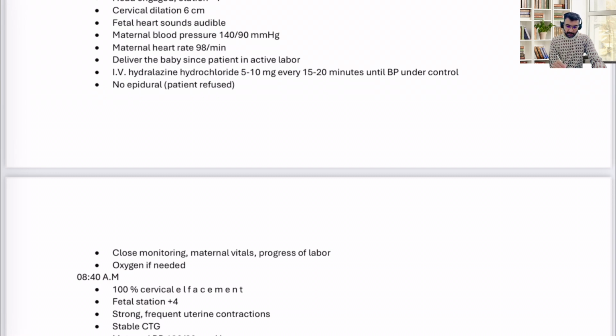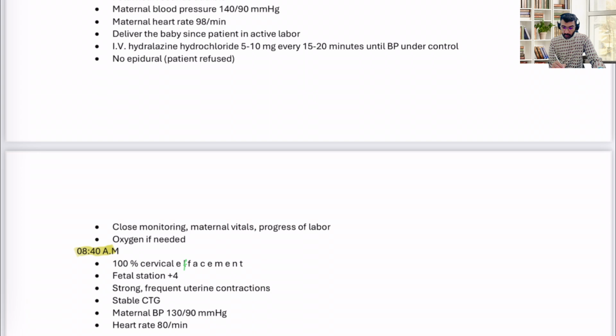Then at 8:40 a.m., 100% cervical effacement. This is effacement, actually. Fetal station +4, strong frequent uterine contractions, stable CTG, maternal blood pressure reduced to 130/90, heart rate 80 per minute.